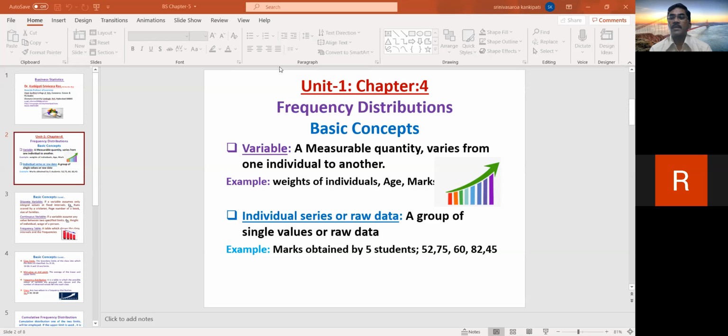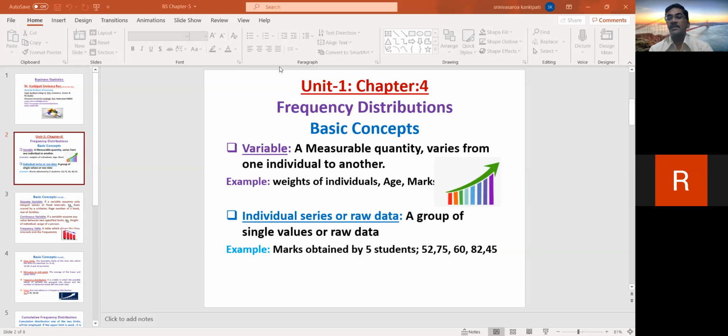If the maximum is 100, a few students may get 90 marks, some 80, some 50 or 40, and some may fail with 20 or 35 marks or less. So it varies from one person to another.